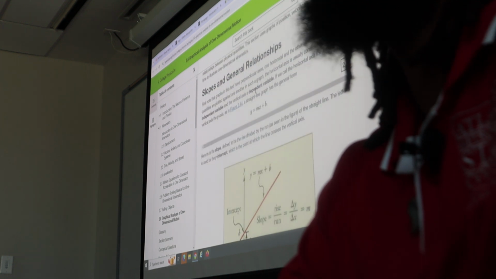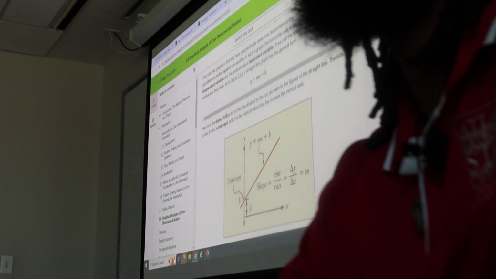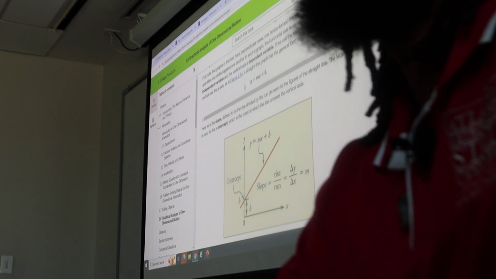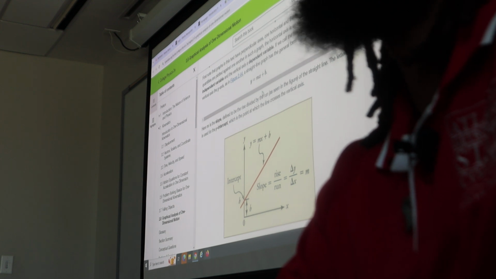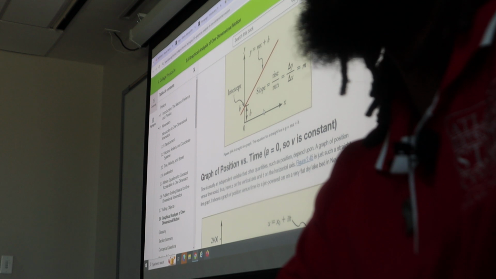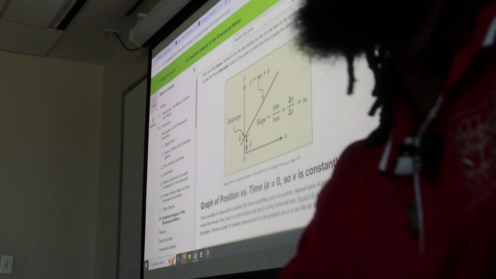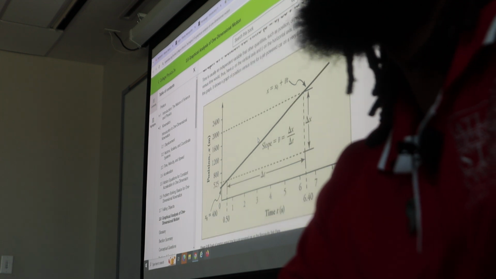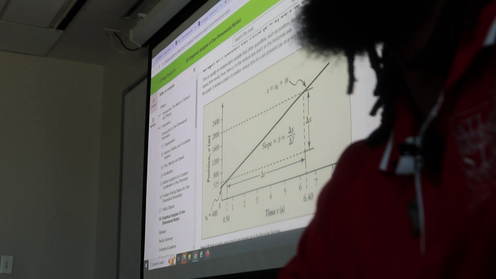I don't believe we really have too many problems that force you to look at this super in depth. Of course with slope, y rise over run, y over x.